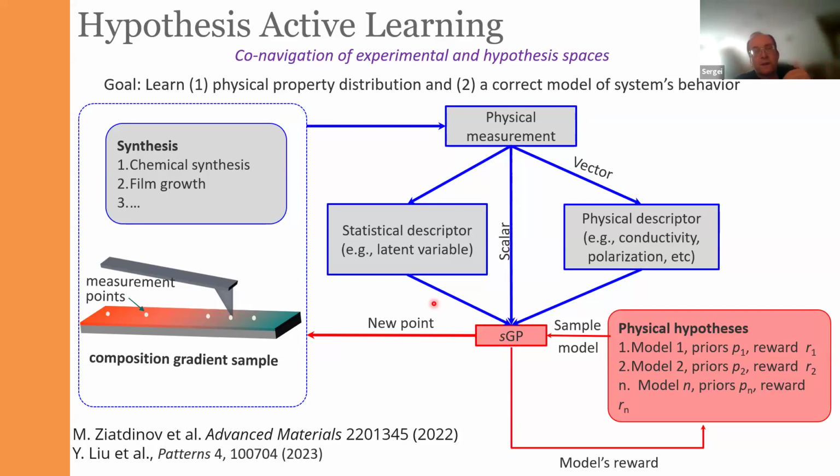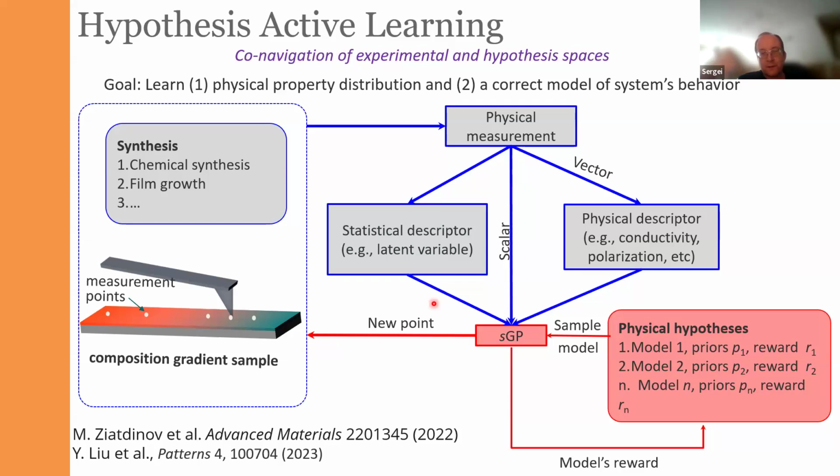In other words, if we start to explore a new system, very often we are going to have more than one possible model of how the system will behave. And in some sense, these models would be hypotheses about what may be happening in the system.